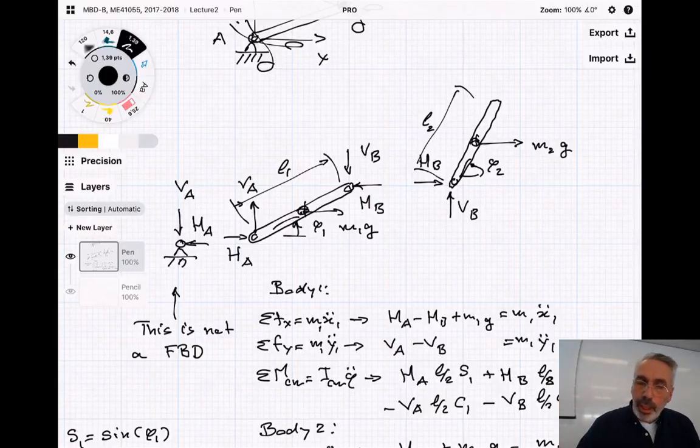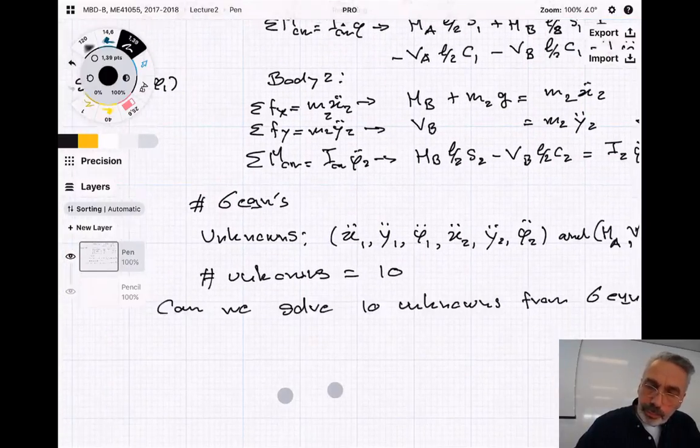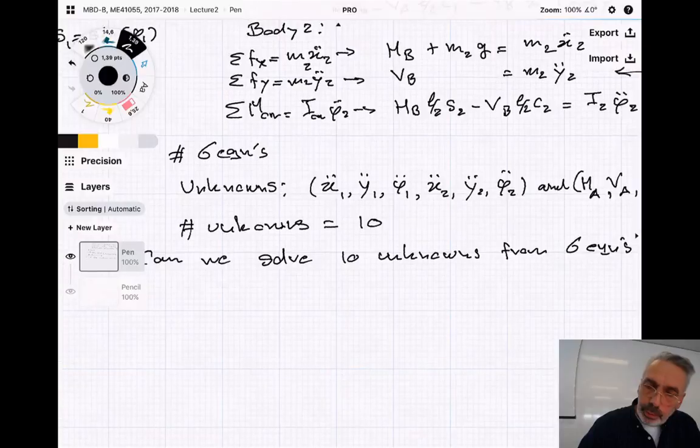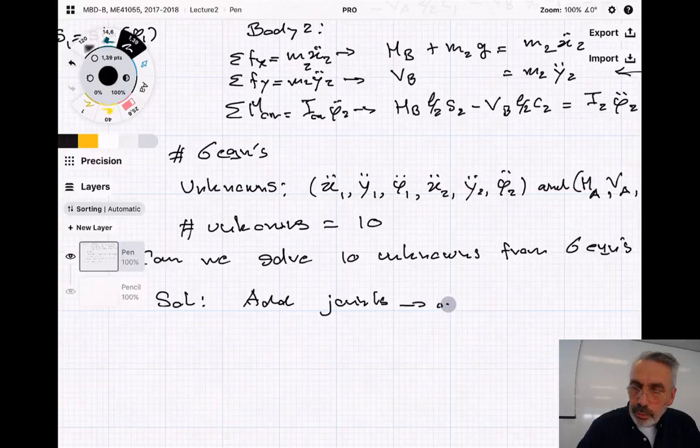So we have to bring back the joints or to add the joints. So the solution is add the joints, and I always draw this.